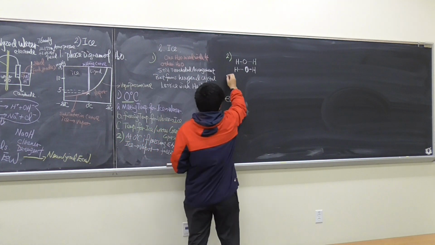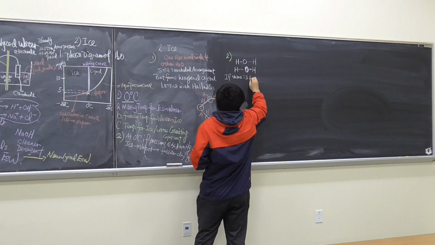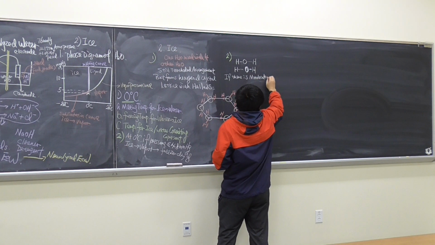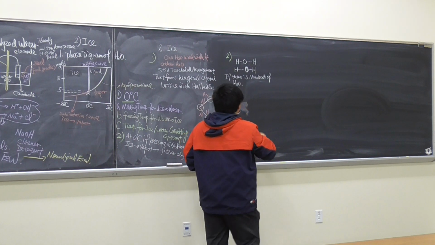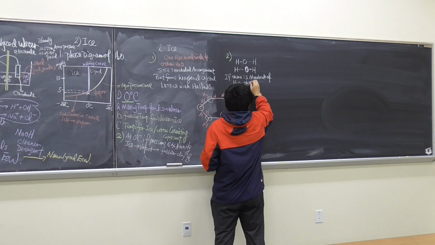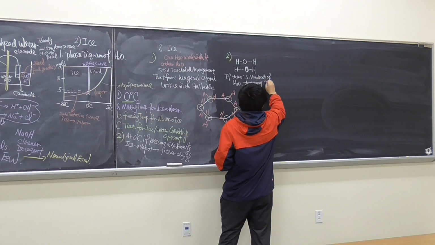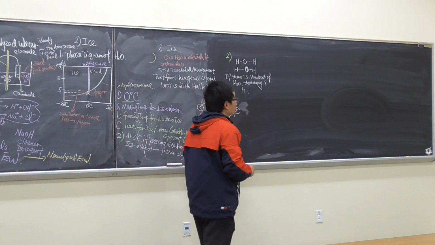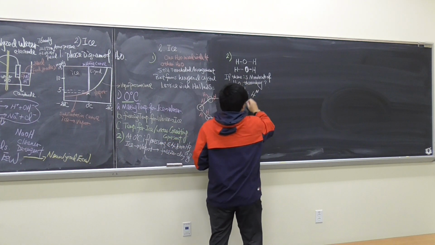So if there are n molecules of water, theoretically, how many positions of the protons will exist? It is 4n.